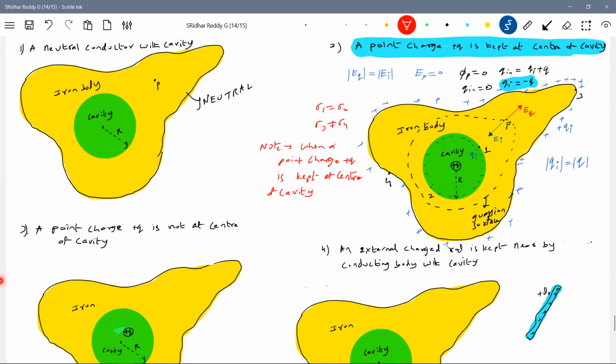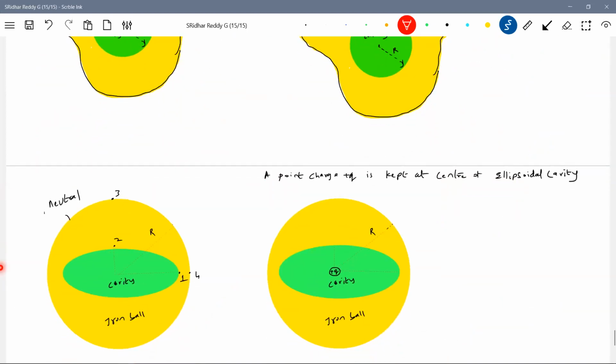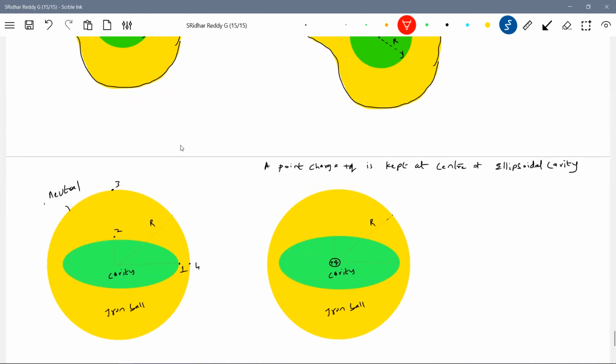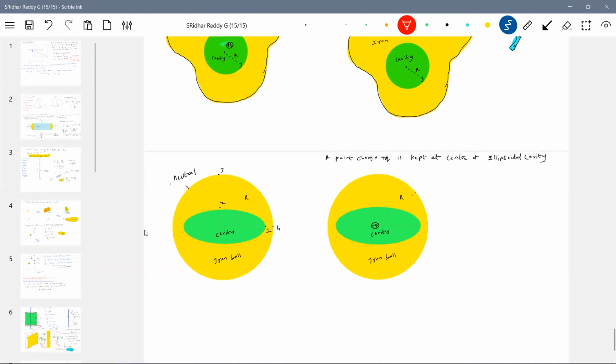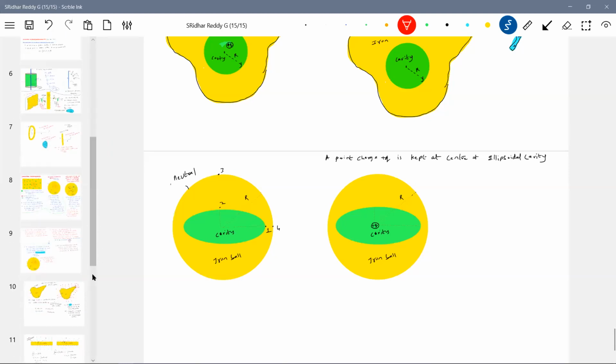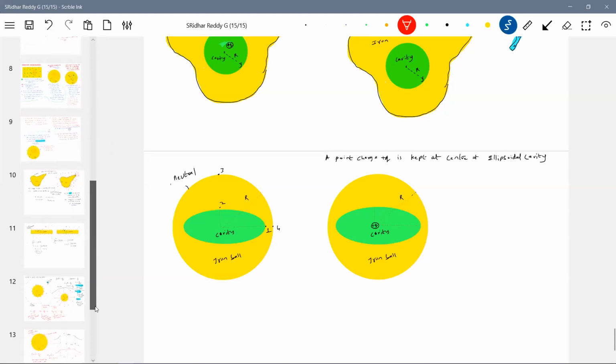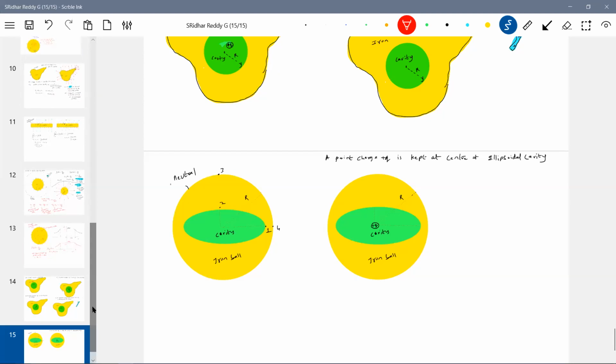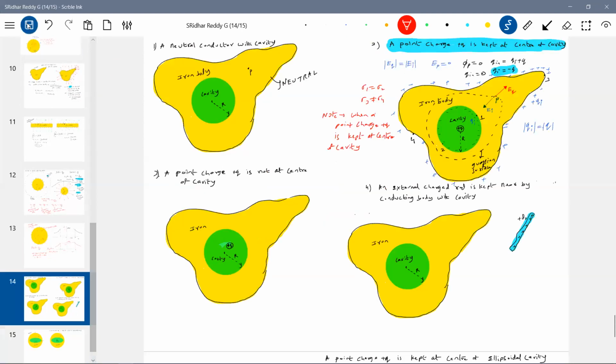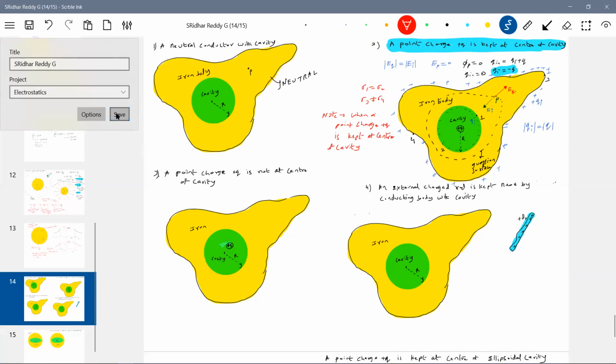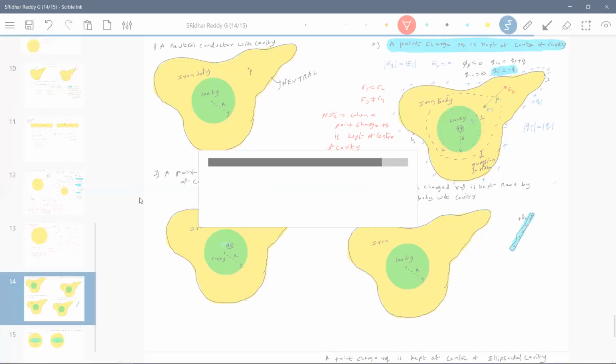I think I need a lot of space. Oh, I'll introduce one more page. Where are we? Let me adjust things.